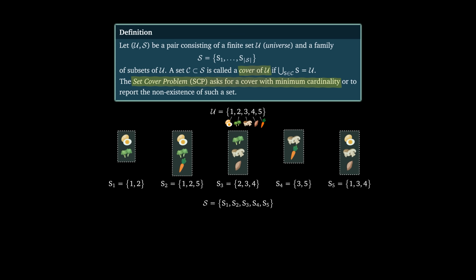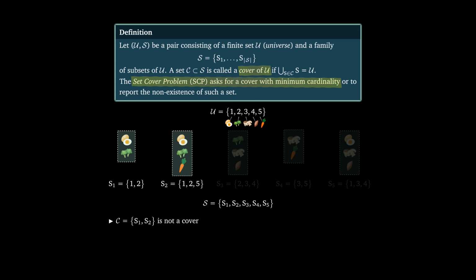Now, what are covers in this example? If you look closely, you see that the set containing S1 and S2, for instance, does not form a cover, since the union of S1 and S2 forms the set containing the elements 1, 2 and 5, which does not equal calligraphic U because the elements 3 and 4, so the mushrooms and the sweet potatoes, are missing.